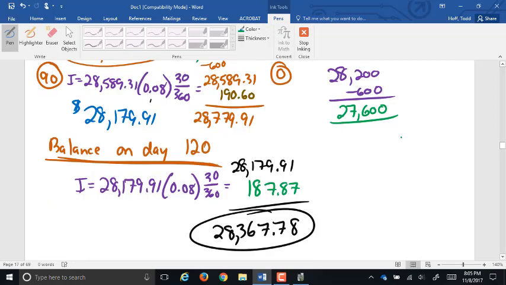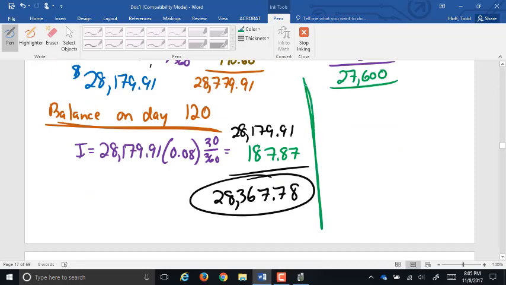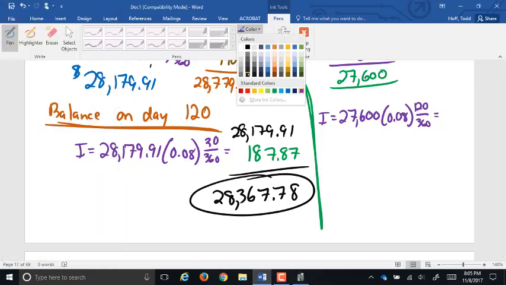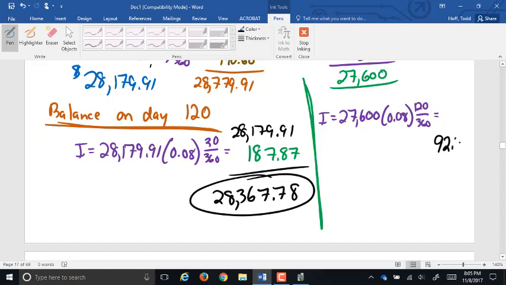Now, the balance on day 120, I've got to figure out the interest on 27,600 because that was paid off at day 0 times 0.08, but now it's 120 days over 360. Gives us $92.26. That right?